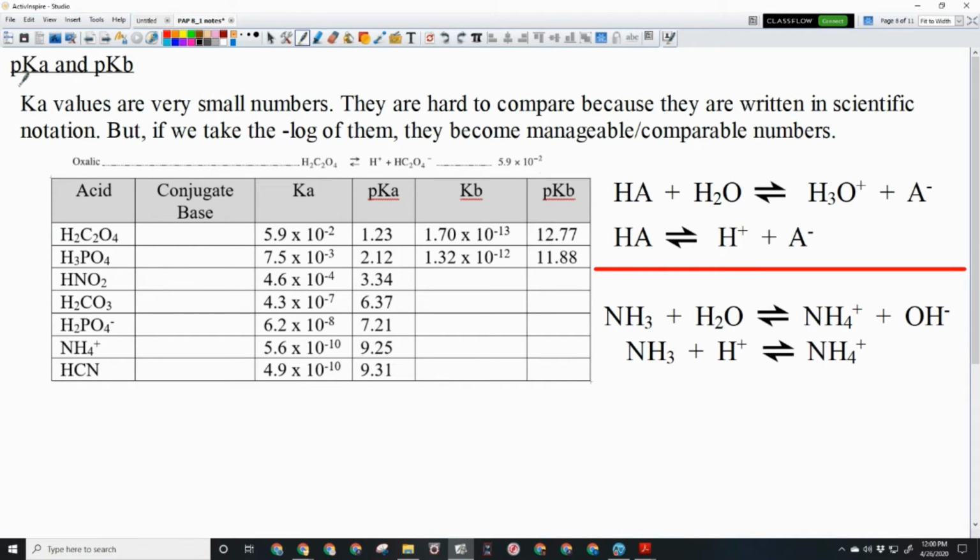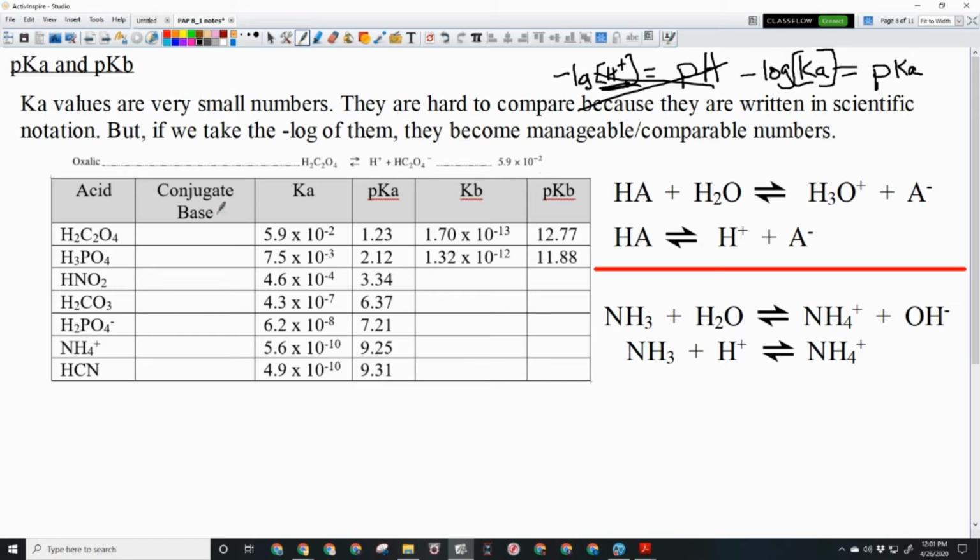So just like we take the negative log of the hydrogen ion concentration, so negative log of the hydrogen ion concentration is pH, right? pH. So P is really the negative log of this. If we take the negative log of our Ka value, we're going to get pKa.